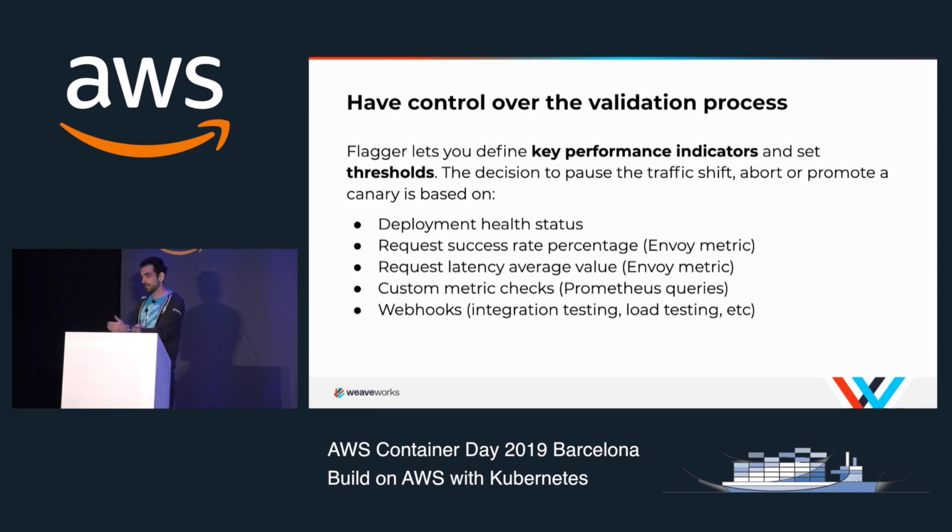So you can start a load test before the canary starts to roll out. So you actually have data, so Flagger can take decisions. Others have hooked up integration testing tools using webhooks, and there are other examples in the Flagger documentation of how you can extend the validation with webhooks.